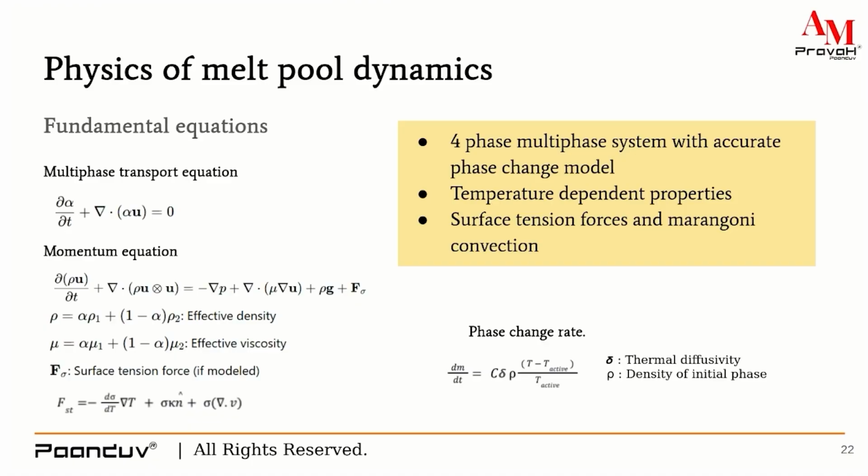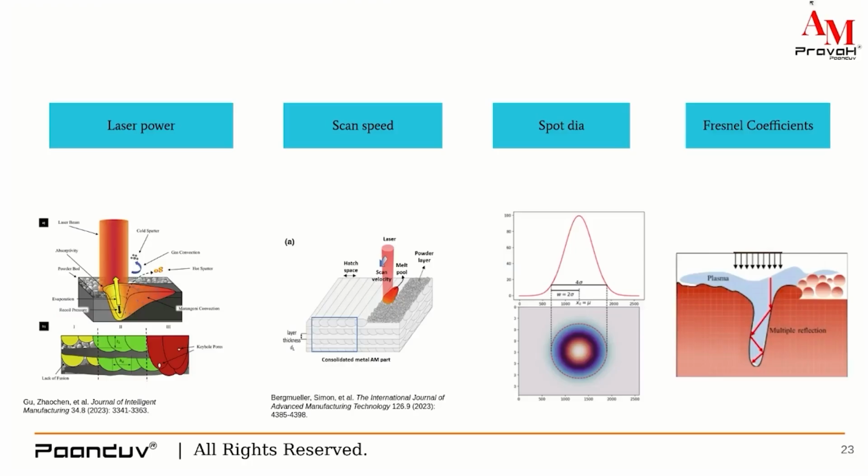Next is Fresnel coefficients. Why these are important? Because when the light goes and interacts with the metal, the laser metal interaction happens, once the vapor is formed, it can create the recoil pressure, and these depressions can happen.